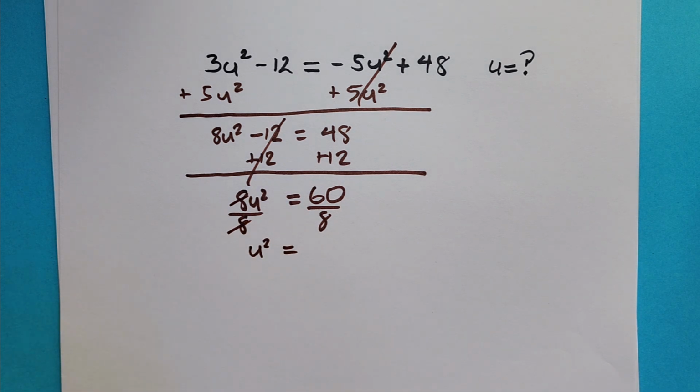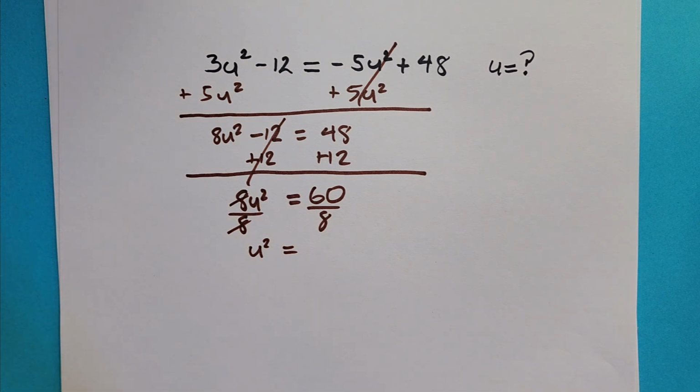And actually, we can go ahead and start reducing this fraction if you want. 60 divided by 8, it's going to give us a fraction, or if we want to go to decimal notation, we could. But I'm just going to go ahead and reduce this fraction. 60 and 8 are both multiples of 4, so 4 divides both of those. 4 times 15 is 60.